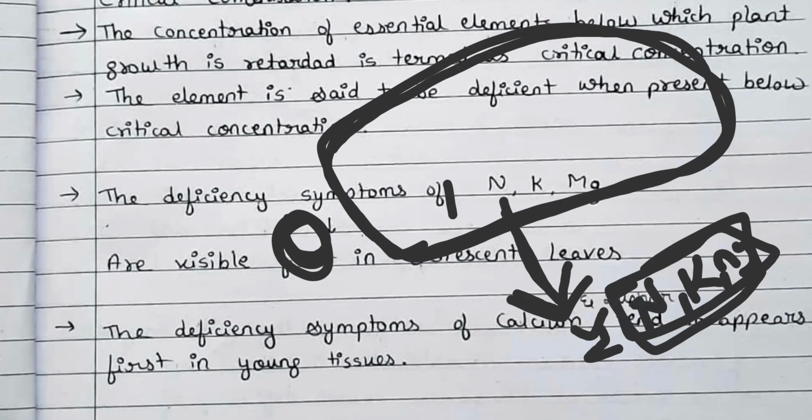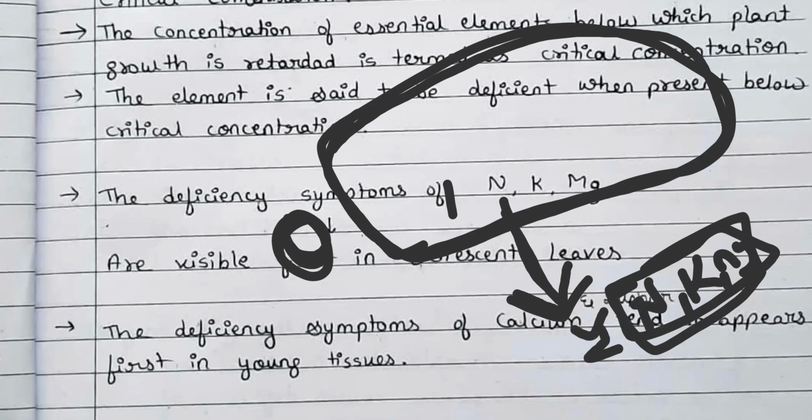Now, in which leaf, older leaf or younger leaf, will we see the deficiency symptom of these three elements? Can you tell me? At senescence, when these three elements undergo mobilization, they give their content to the younger one.